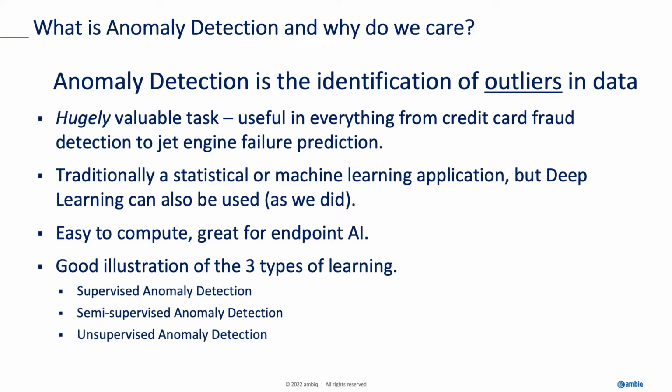It is not, as these things go, a very computationally intense task. It is a mathematical thing. You can use linear regressions, you can use other simpler statistical methods or machine learning methods to implement anomaly detection. In our case, we used deep learning, which is kind of like using a shotgun to go after mosquitoes.